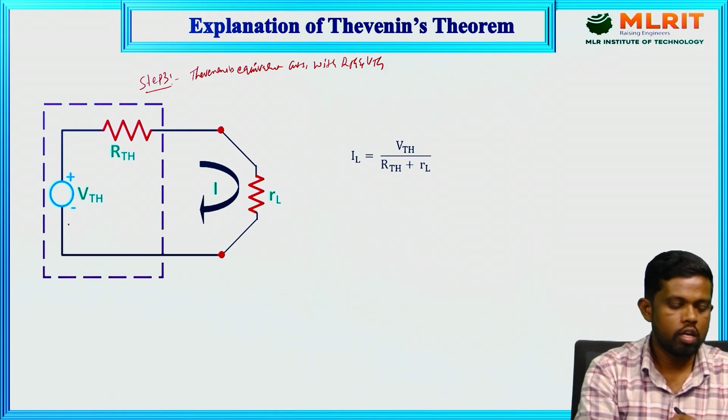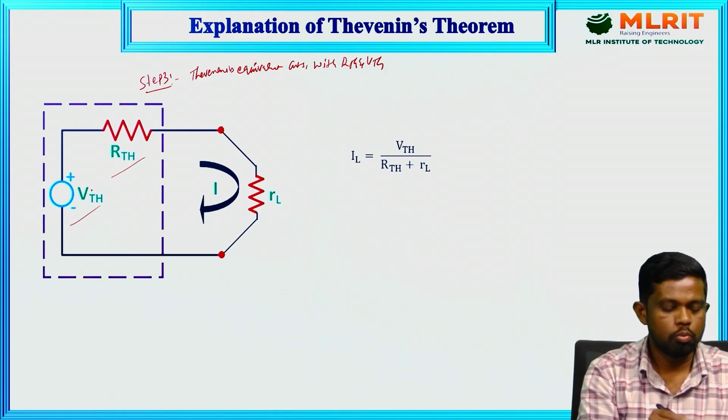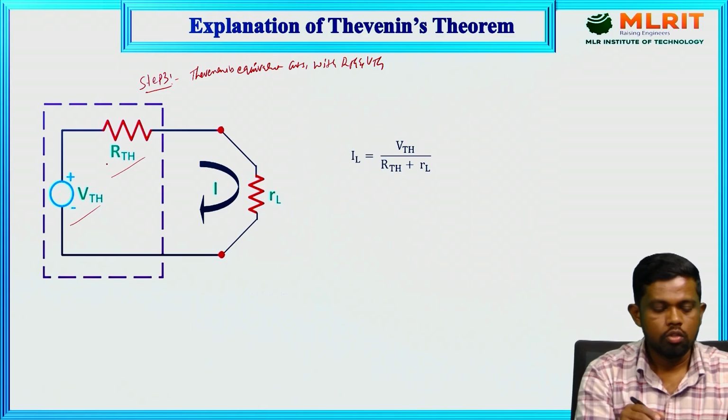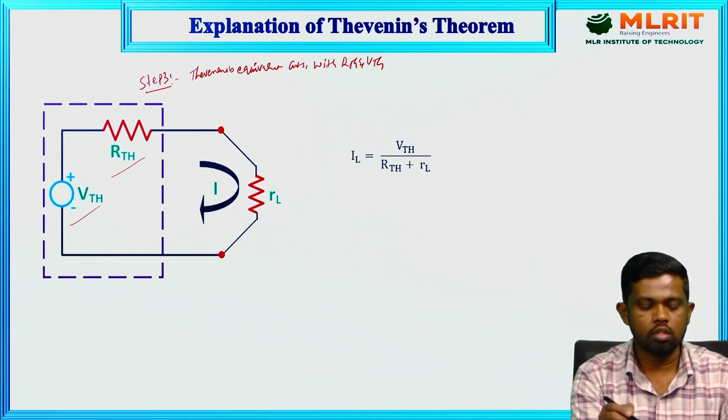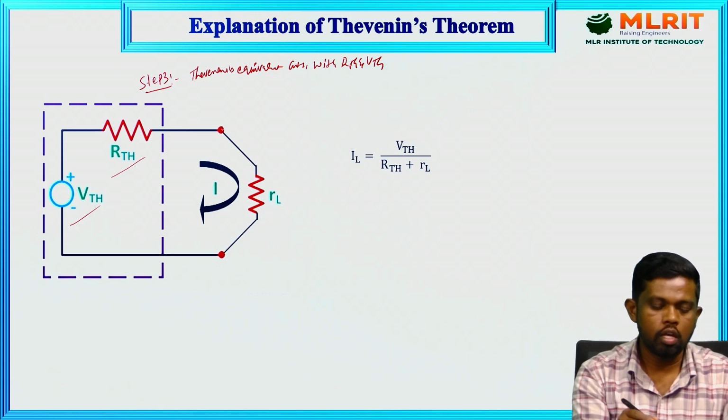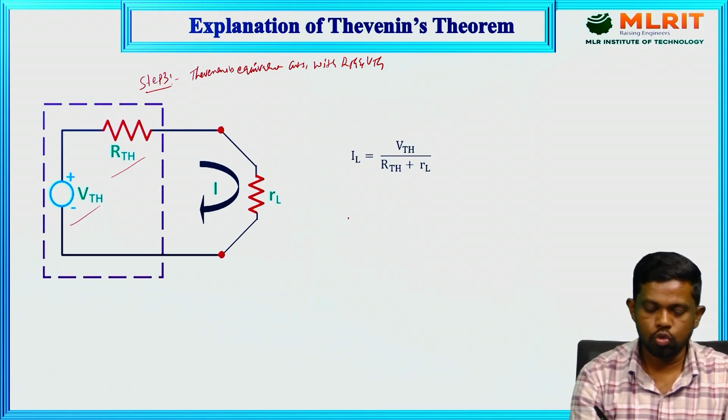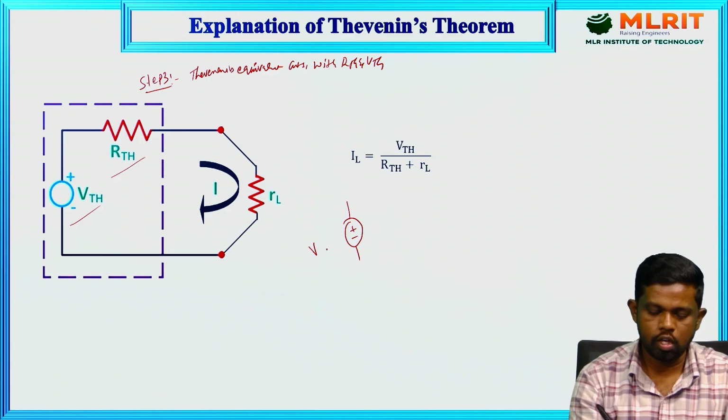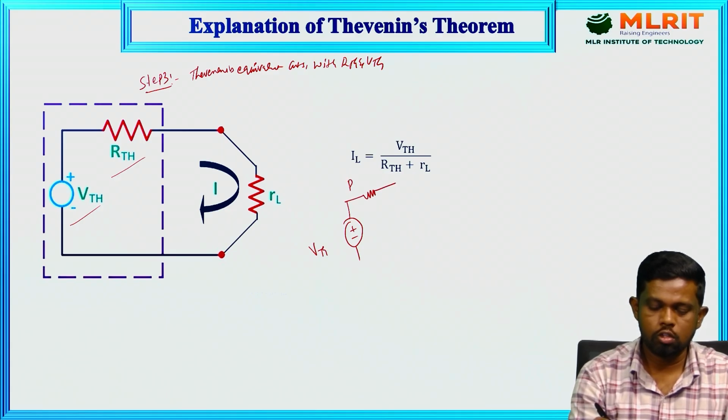Here VTH and also the RTH are in series. Earlier we removed the load resistor, so that is simply attached here. So we get the equivalent circuit like this. This is the Thevenin voltage source VTH and the Thevenin resistance RTH.